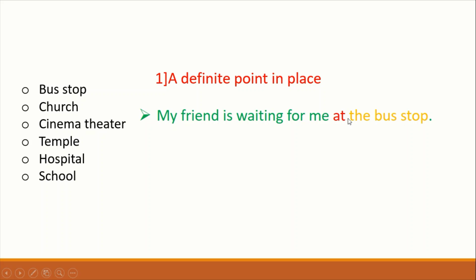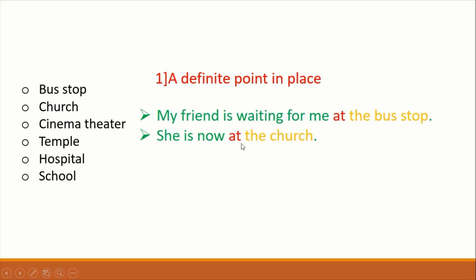At is a preposition. The bus stop is a place. My friend's location is at the bus stop, which is a definite point in place. My friend's location is not school, hospital, temple, cinema theater, or church.